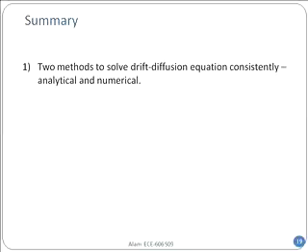I gave you one example for analytical, and throughout the rest of the course we'll give you many more examples under various conditions of how to make approximations. But the numerical one is general. It doesn't care about approximation. Once you give it a proper problem, it will solve it for you. It may take time, and it may not converge if you don't do it right, but otherwise it is general and doesn't make any approximation.